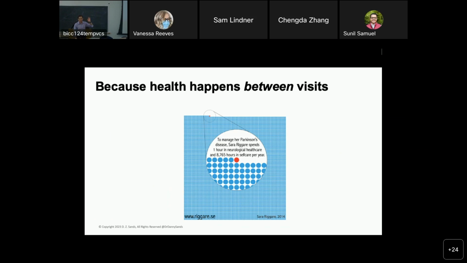And each one of the dots in that box represents an hour in her life in a year. And there's one little tiny red dot way up in the top row. And this is a magnified image that you see in the middle. And she says to manage her Parkinson's disease, Sarah Rigara spends 1 hour in neurologic health care and 8,765 hours in self-care per year.